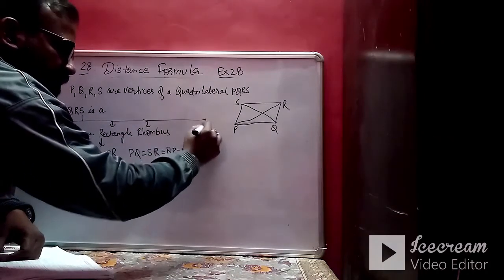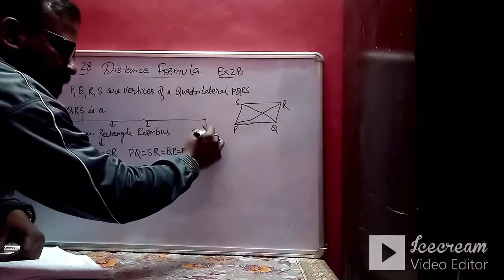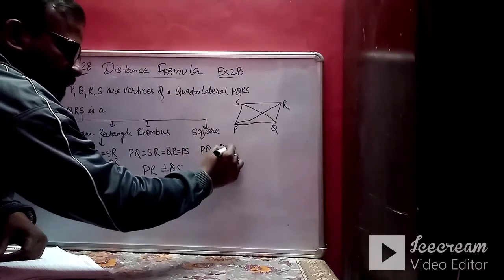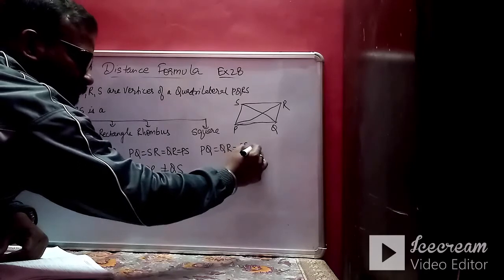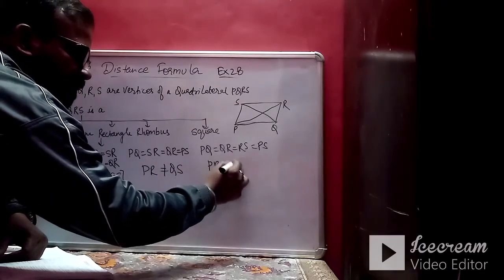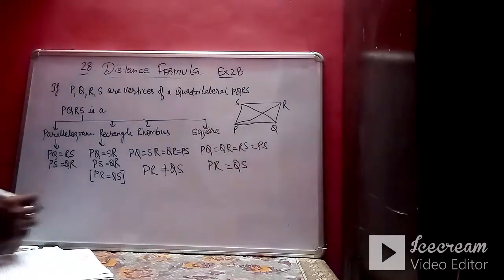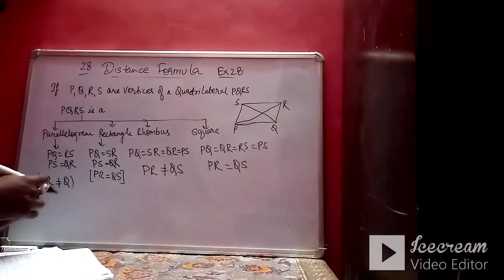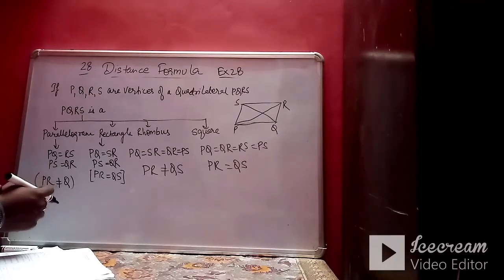But if you want to prove it is a square, then all sides are equal as well as their diagonals should be equal to each other. So these are the conditions that you need to know whenever four vertices are given of a certain quadrilateral.